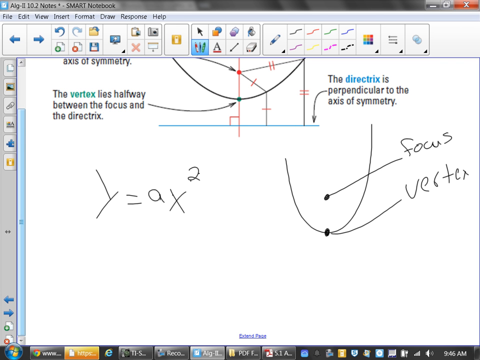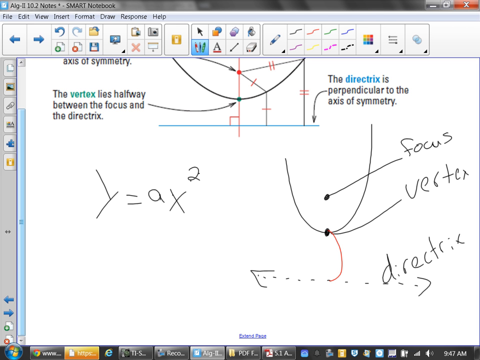Well, to counteract a focus, there's what they call a directrix. A directrix, like tricks are for kids, silly rabbit. Now, if you think about what's happening, you get a focus point, a vertex, and a directrix.